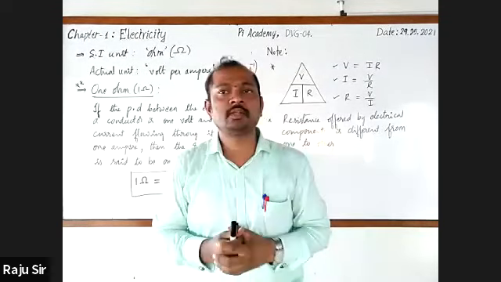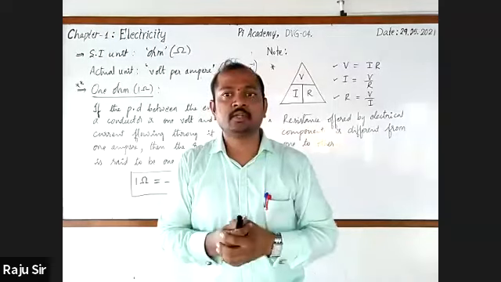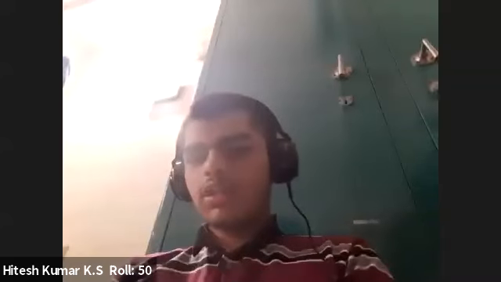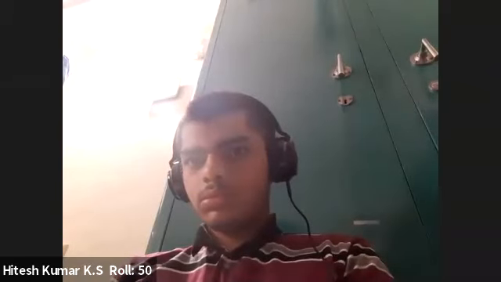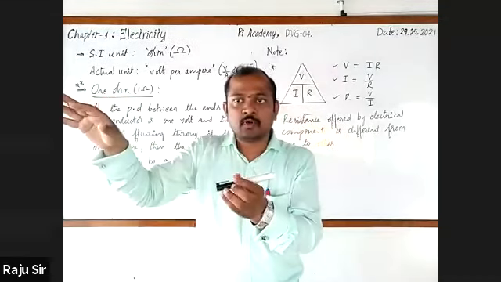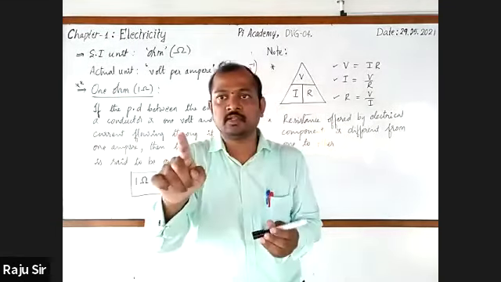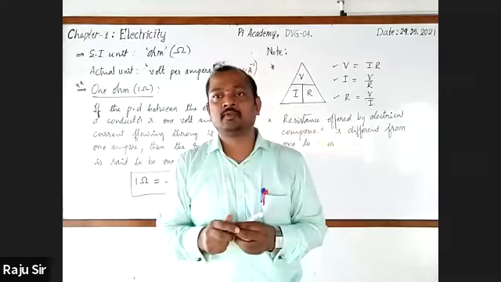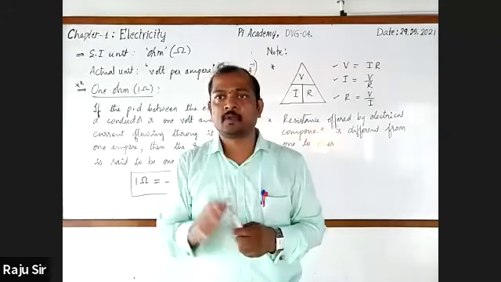Then what do you call that conductor? Good conductor. Very good. If it is offering low electric resistance, electrons can flow a bit easily, right? Then it is a good conductor of electricity. Clear?